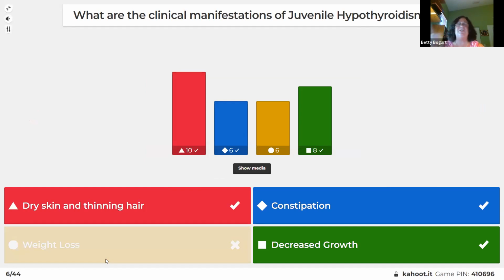So constipation is absolutely up there. But dry skin and the hair is thinning, decreased growth, cold intolerance, all the things you see with adult hypothyroidism, you're going to be seeing with children.